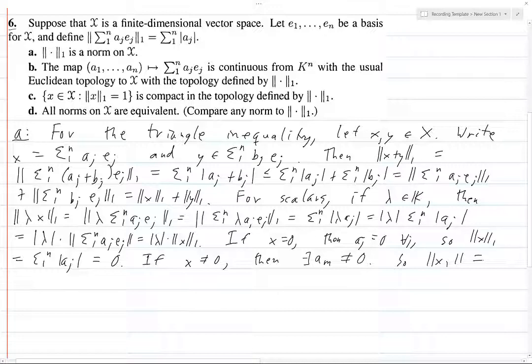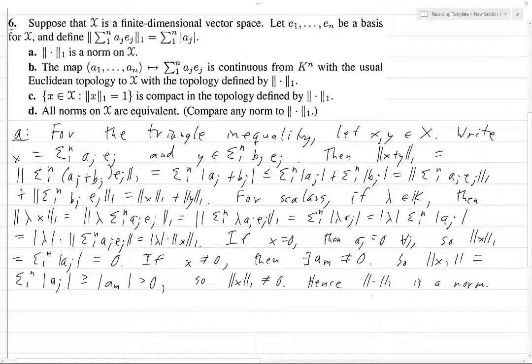So in particular, this thing of x is not equal to 0. Hence, this is a norm.